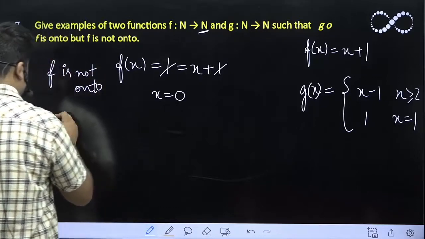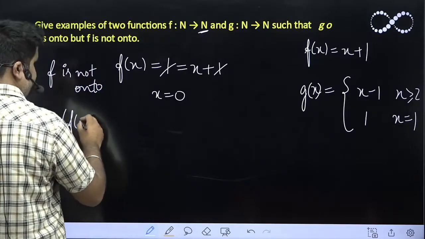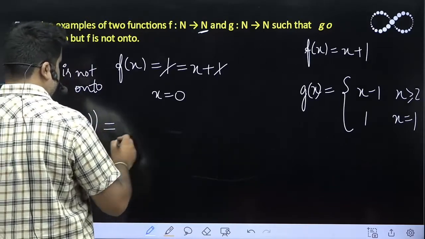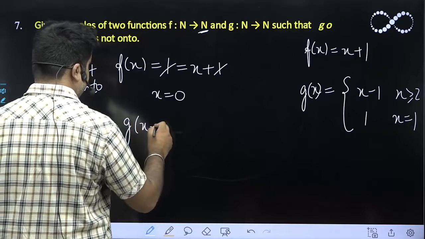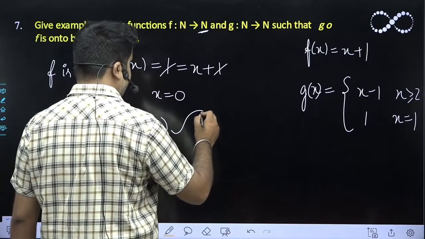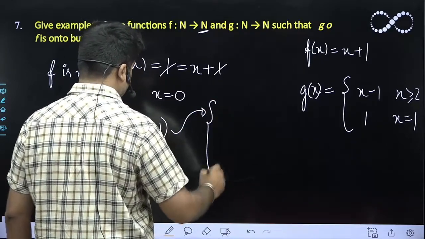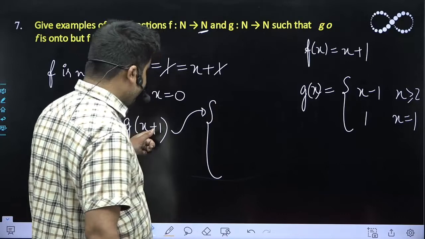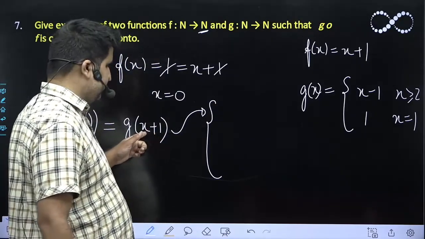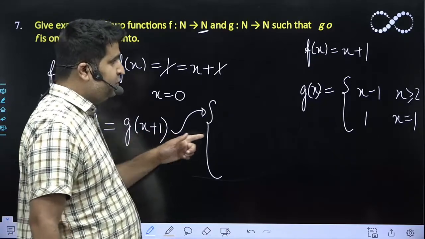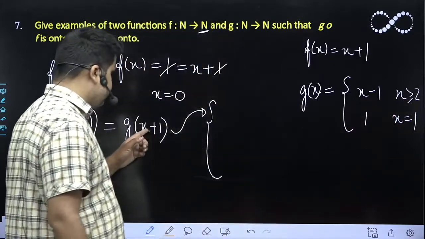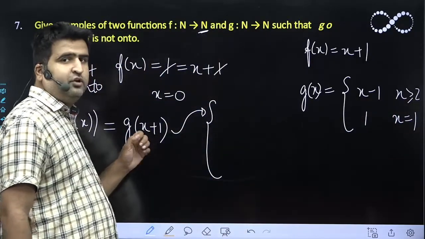Now let's see g of f of x. So what is g of f of x? This is g of x plus 1, right? Now there will be two values of this. What if x is equal to 1? Then the value will be g of 2, that will come under this, right? But what will be happening if x is equal to 0?